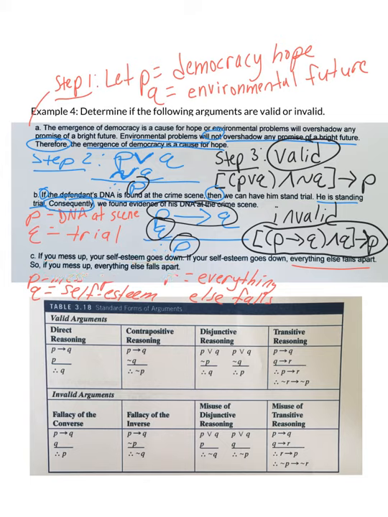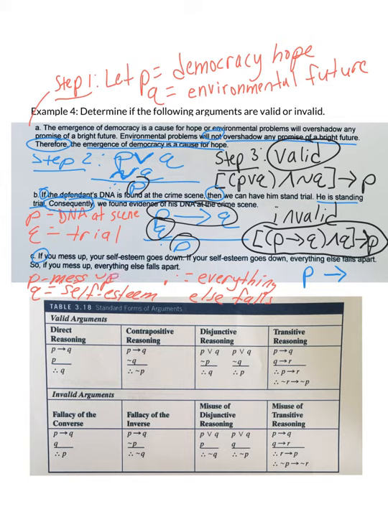On to step 2. Now we're going to rewrite the 3 sentences in symbolic form. The first sentence has the word if, so that's an if then arrow. If you mess up, which was P, which I did mess up by accidentally erasing that. There we go.